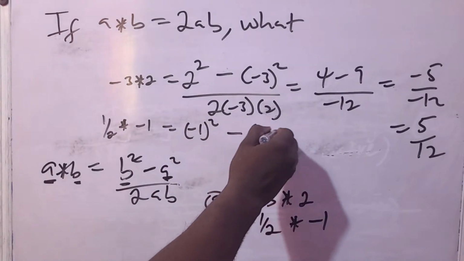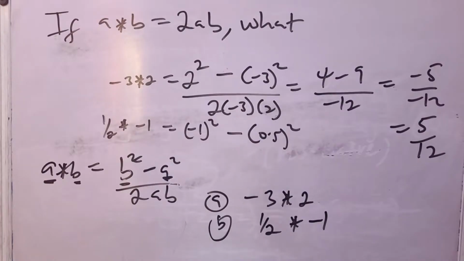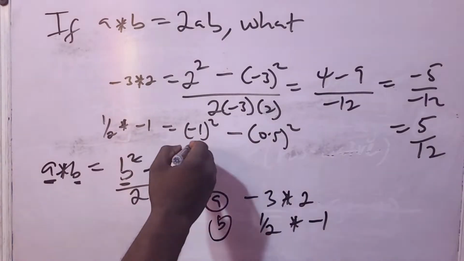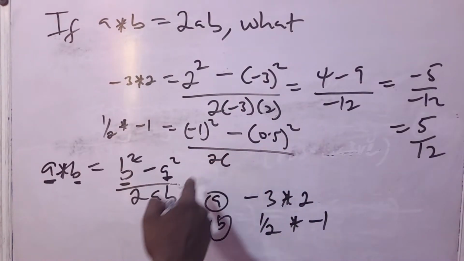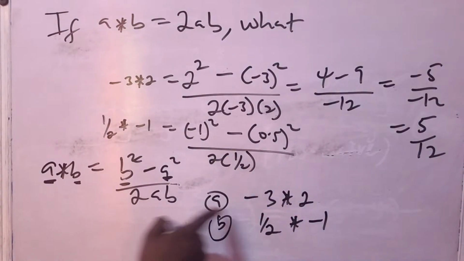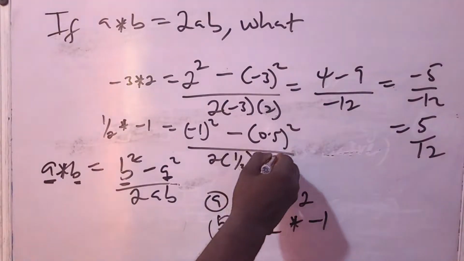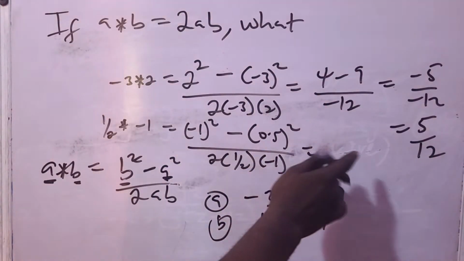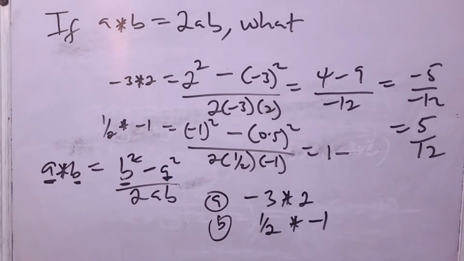minus 0.5 square over 2 times a, which is 1 over 2, b is minus 1. So this will obviously be 1 minus 0.25, all right?